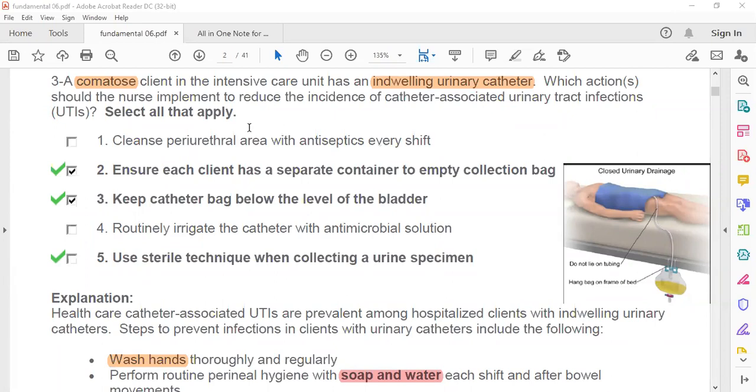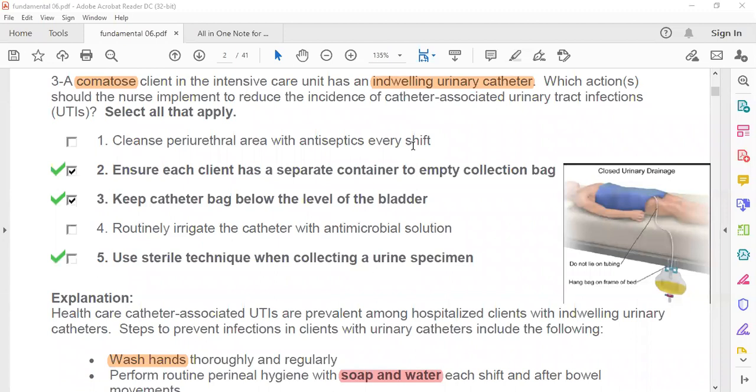So in this question, they ask what steps we should follow to prevent catheter-associated UTI. Number one said, clean the periurethral area with antiseptic every shift.